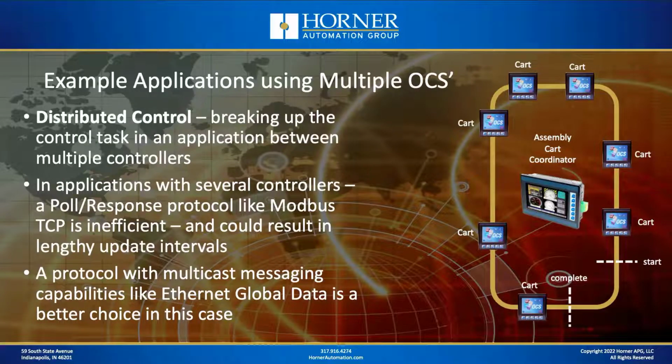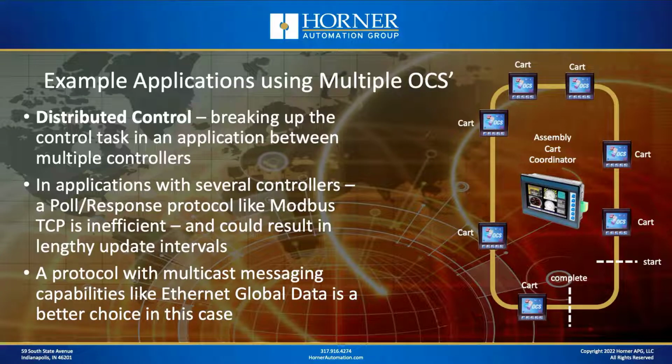Okay, now let's start talking about example applications where you could use more than one OCS. Let's start with distributed control. That's an application in which you're going to be breaking up the control task between multiple controllers.